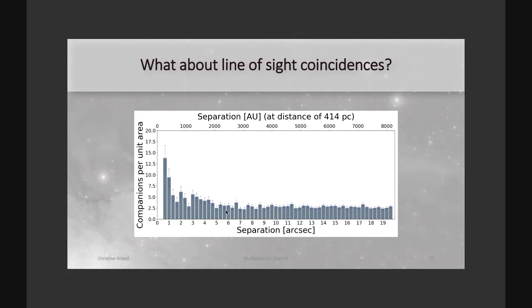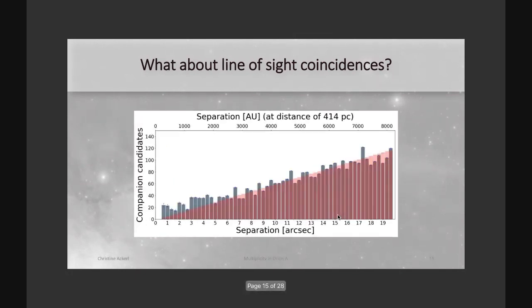So we can assume that this is the background contamination and just take this part and subtract it from the sample of companion candidates. If we go back to the total number of companions, then we see that we are left with these excess companions here, which are apparently real companions compared to the background contamination.